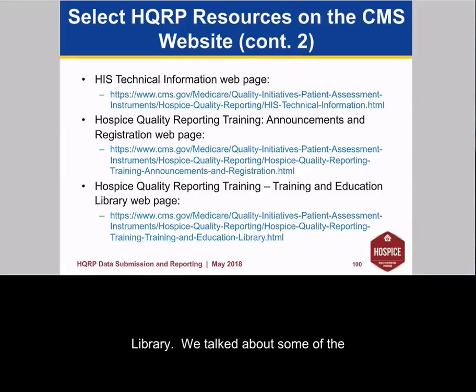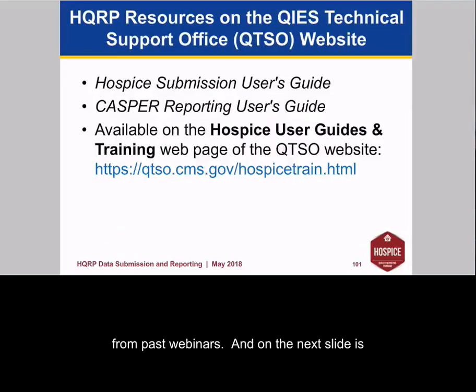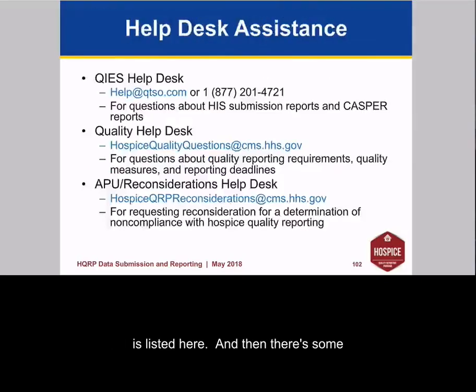So we talked about some of the webinars we've done in the past. You can access them there and look at information from past webinars. And then on the next slide is the Hospice Admission User's Guide and CASPER Reporting User's Guide, and these are available on the Hospice User Guide and Training webpage of the QTSO website, which is listed here. And then there's information on the next few slides regarding the help desks.